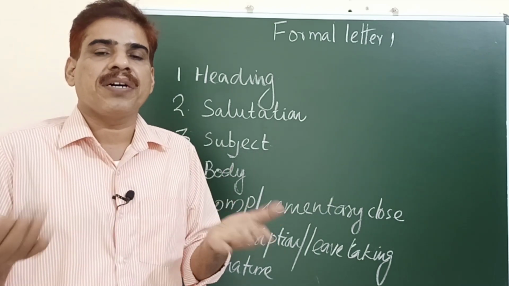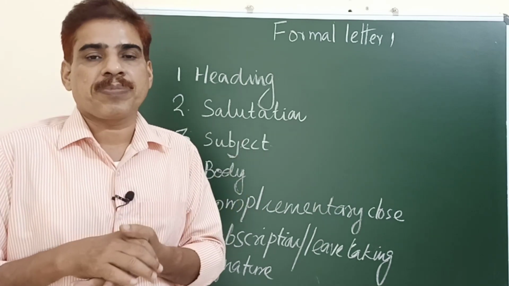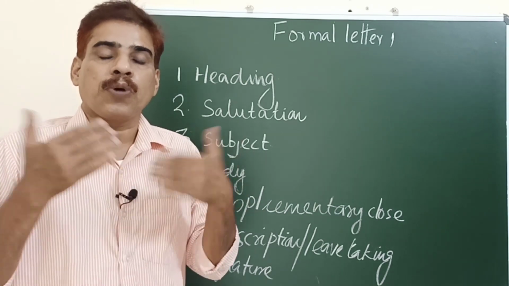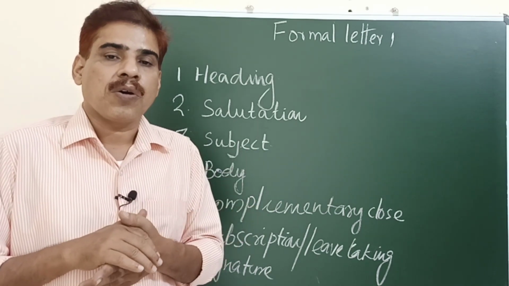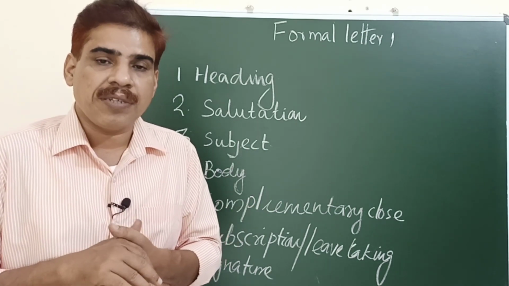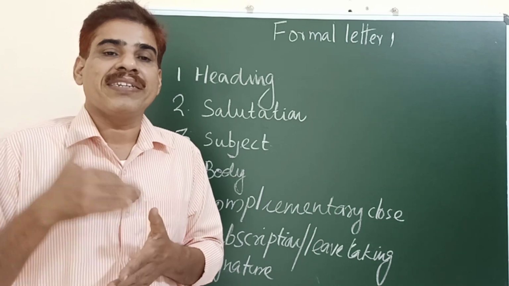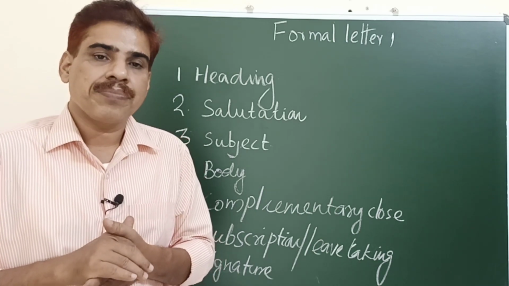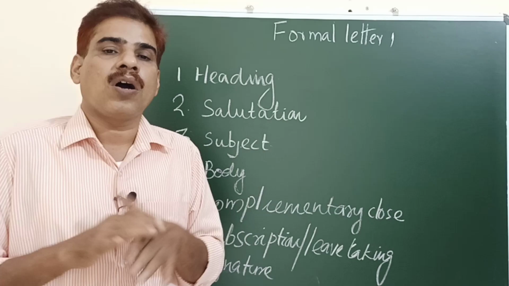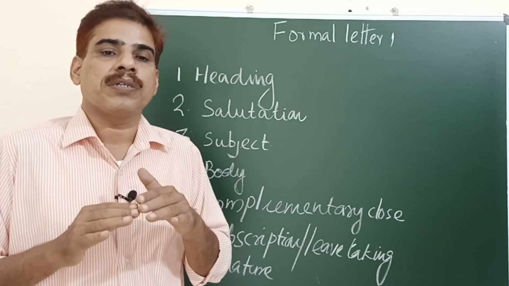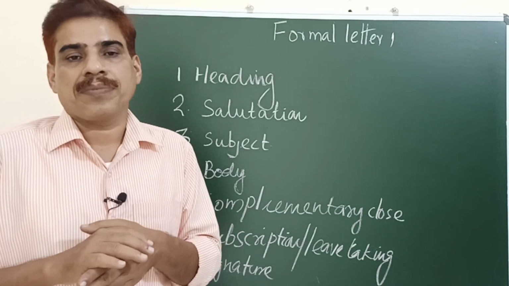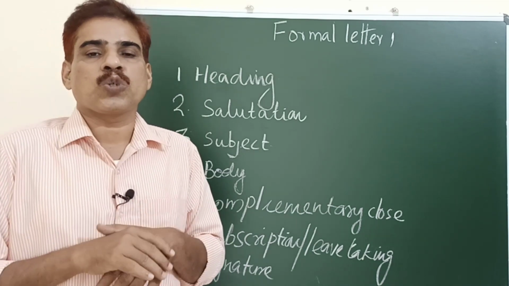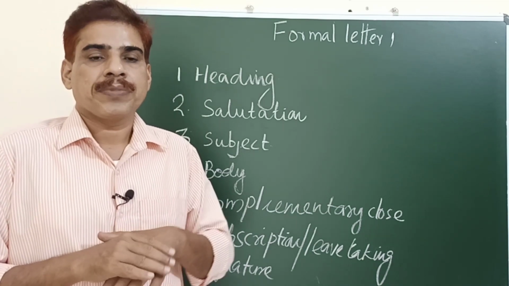Sometimes to maybe the editor of a newspaper, or the police officer, or the manager, or the minister for education, or the district collector, depending on the person whom you are going to write the letter. Then his place also you can write.